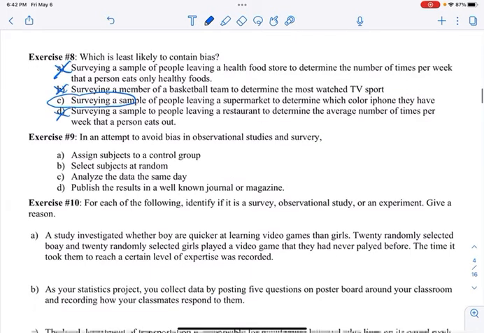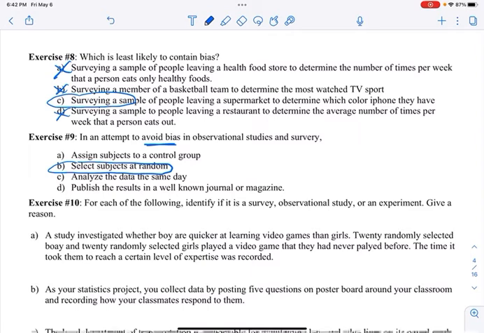In an attempt to avoid bias in observational studies and surveys, the best thing to do: assign students to a control group, select students at random, analyze the data the same day, or publish the results in a well-known journal or magazine. Okay, so the best way to avoid bias is always to have a random sample.